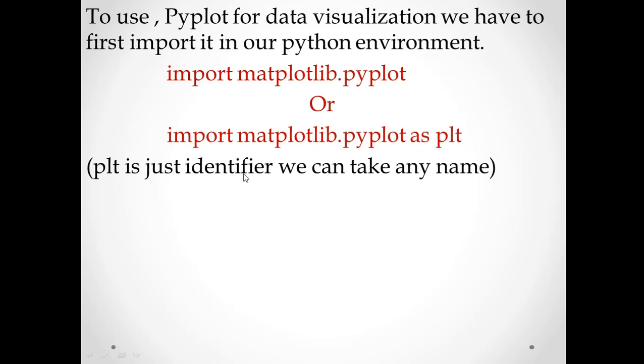plt is just an identifier. We can take any name; in place of plt, you can write your own name. It is just a namespace, or you can say an alias. When you import matplotlib.pyplot, matplotlib should be installed first.